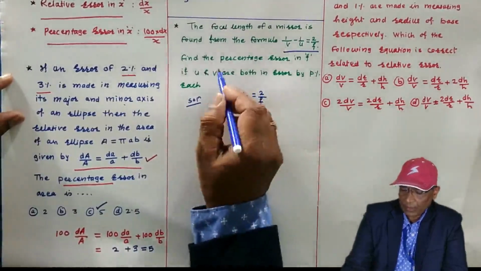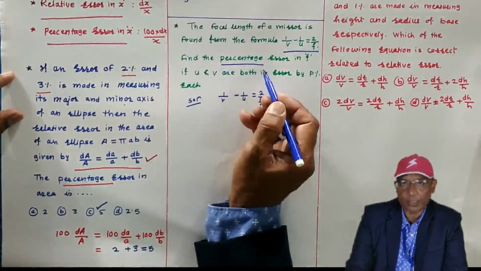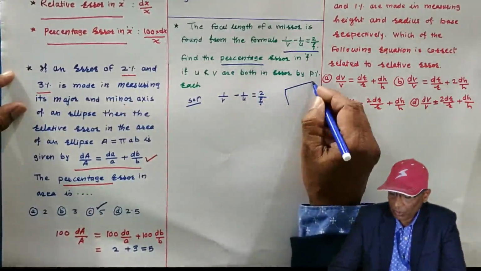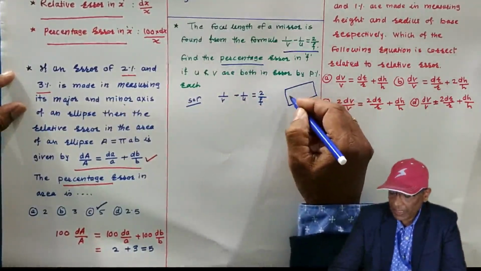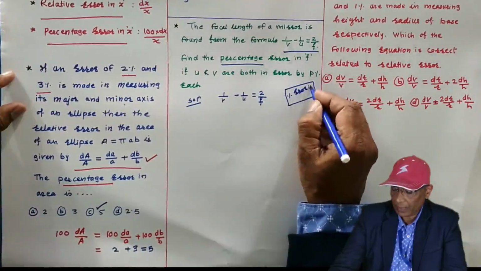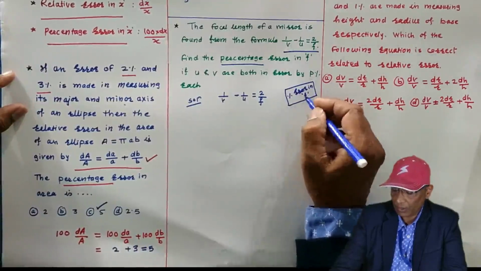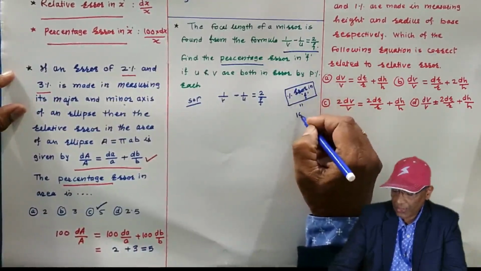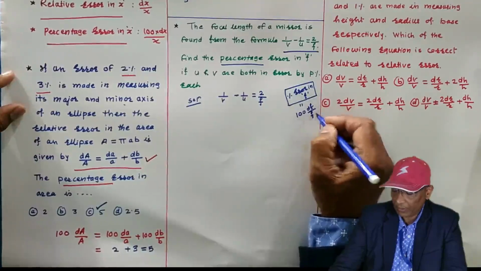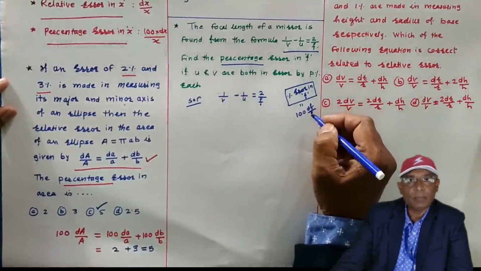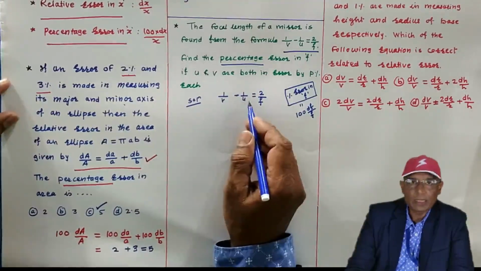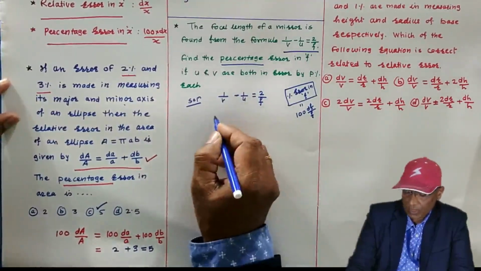And what we have to find? We have to find the percentage error in f, which is 100 df by f. This value of 100 df by f we have to calculate. So what to do? It is very clear that we have to take the derivative of this.